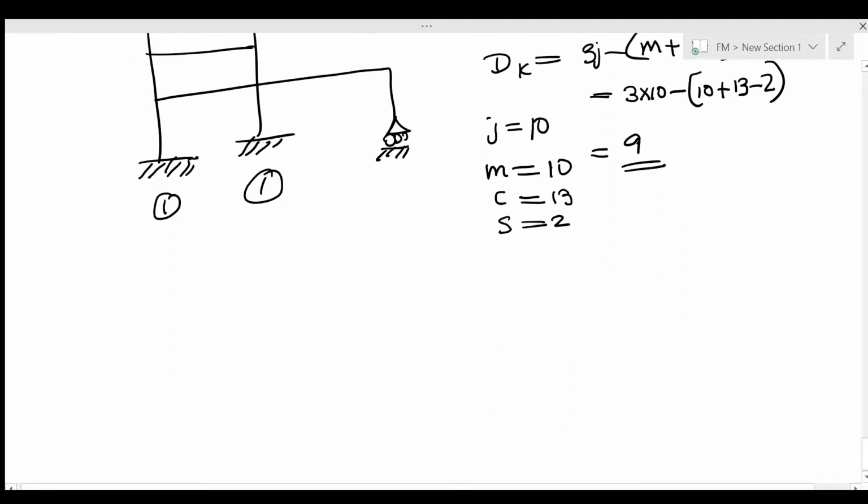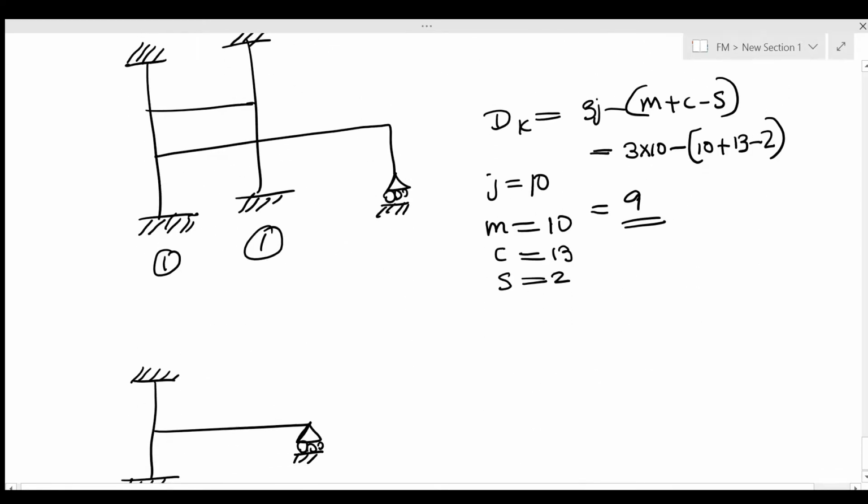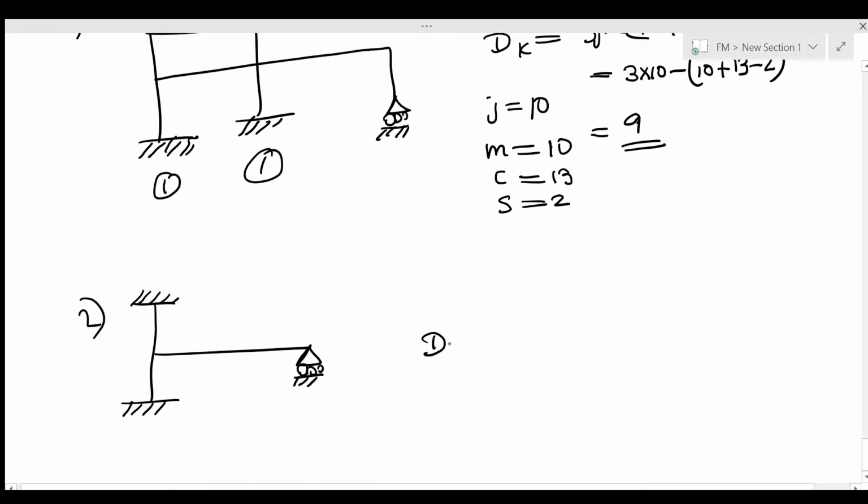Let us see another example. So this is the kinematic indeterminacy of a constraint frame. Here we have the equation dk is equal to 3j minus m plus c minus s, where j is the number of joints.